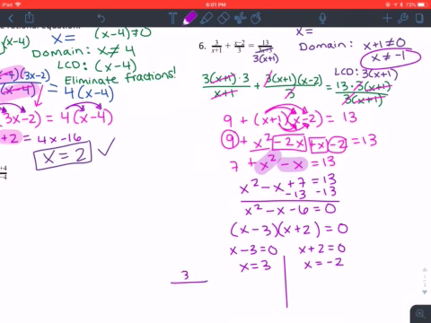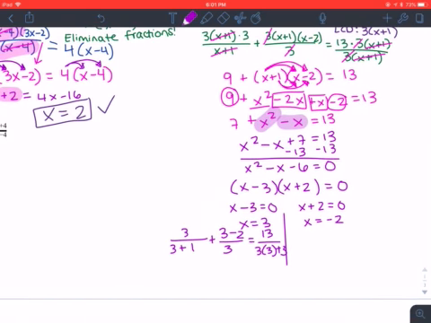So we have 3 divided by 3 plus 1 plus 3 minus 2 over 3 equals 13 over 3 times 3 plus 3. This simplifies to 3/4 plus 1/3 equals 13 over 3 times 3 is 9 plus 3 is 12.